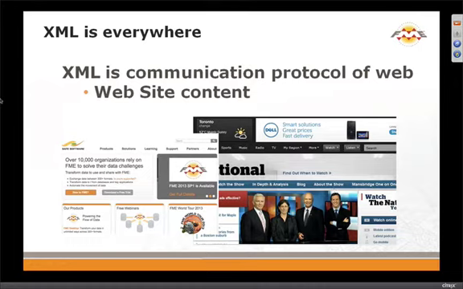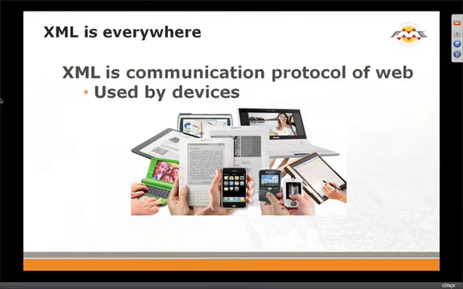RSS feeds. XML is a communication protocol of the web, and a little later we'll be showing how easy it is to simply read web page data, follow links and things like that. So that's just two examples of some web data. Okay, devices, of course.